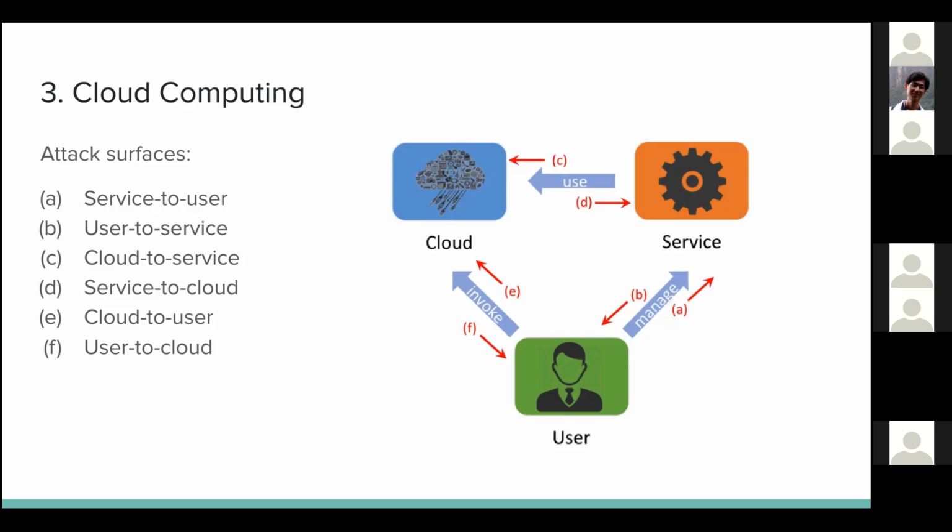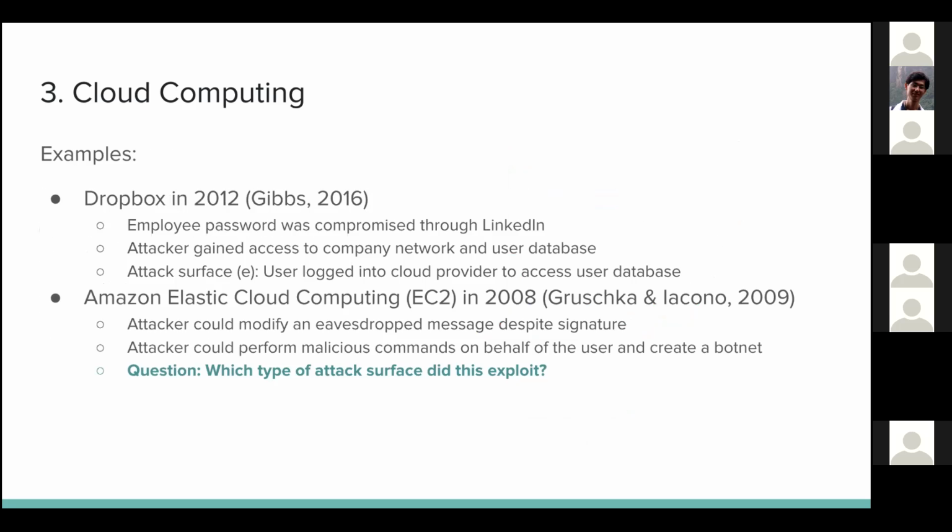Okay, maybe you can recap the scenario. We can come back to the question. You mentioned there are several types of attack surface, so maybe you can list a few types here.